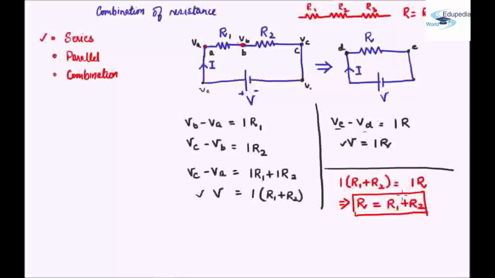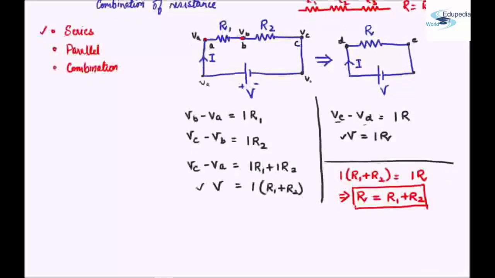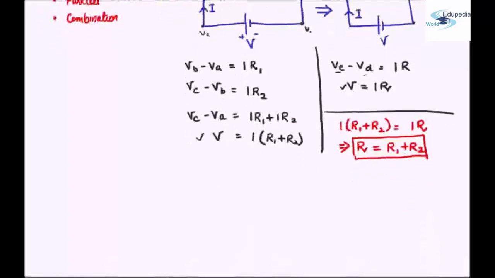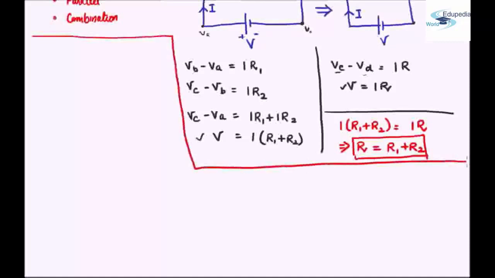Now let us see the case of resistances in parallel. As you might have guessed already, in parallel the resistances have to be parallel to each other. Let me draw the circuit here.